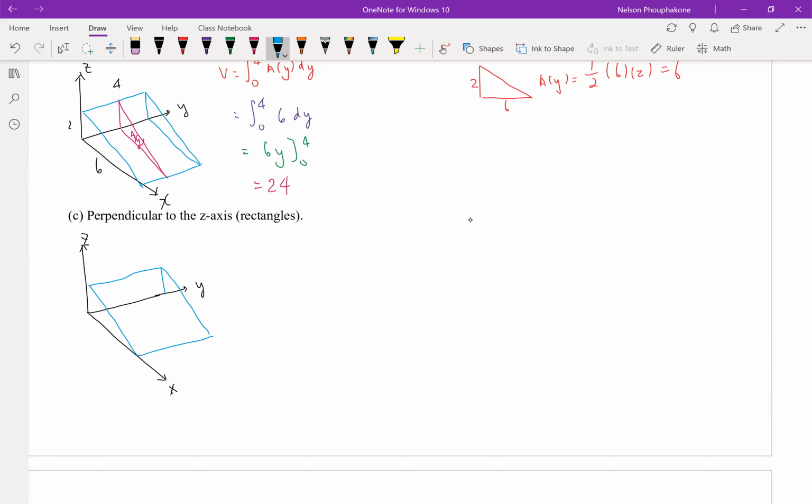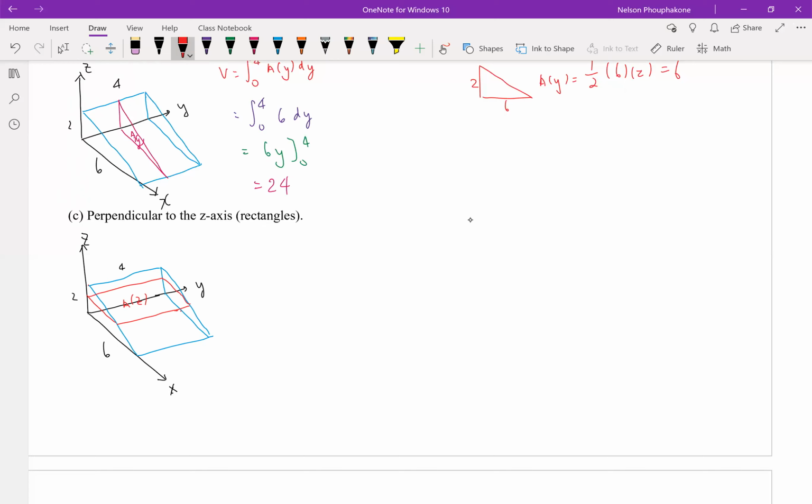Now you will see that if I want to cut it perpendicular to z, that means what the cross section is that we have. Okay, so this is A of z right here. And of course, again, this is 2, this is 6, this is 4 right here.